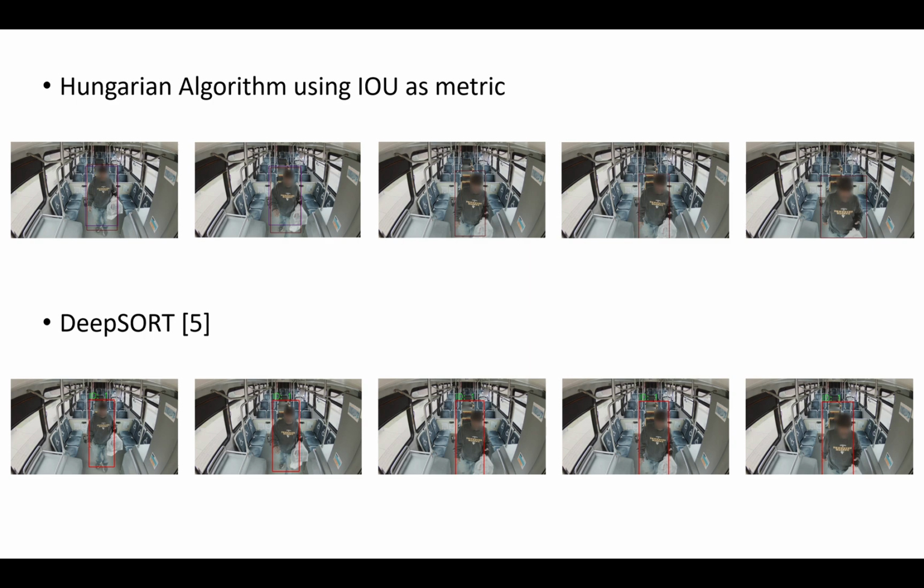Versus DeepSORT, which does a really, really nice job of that. Like, you can see that it's just the same exact model, same threshold values, and it's doing a much better job of that. It's also better on identity fragmentation, so not losing track of which person is corresponding to which, and it's better at not switching identities.